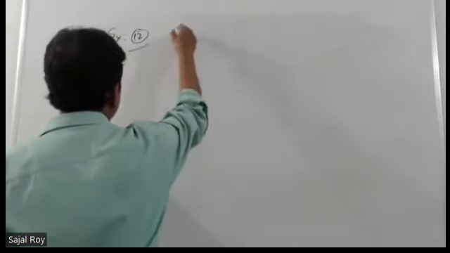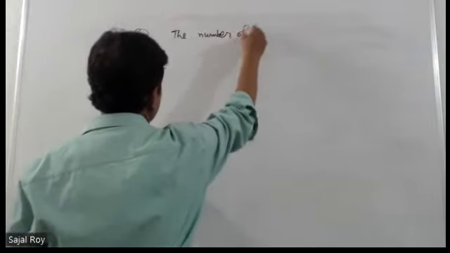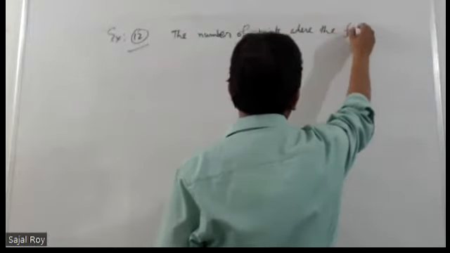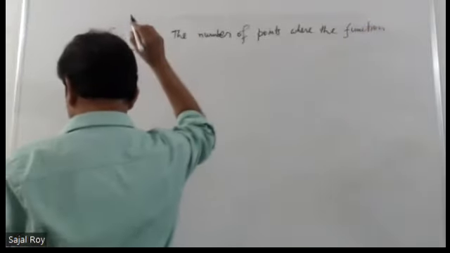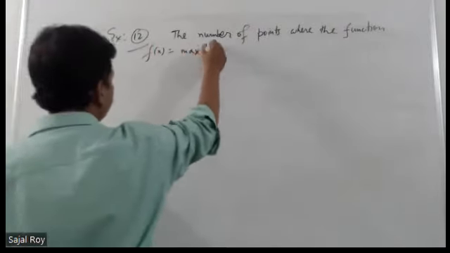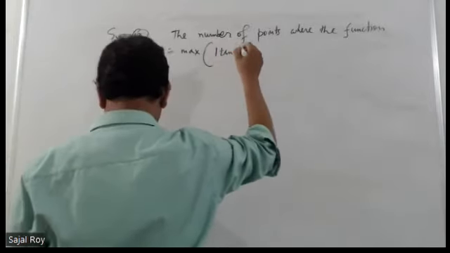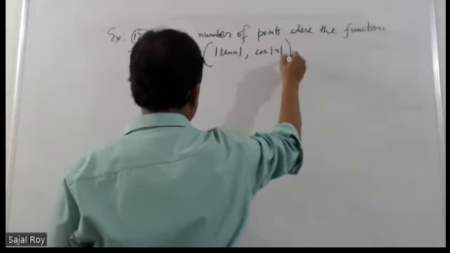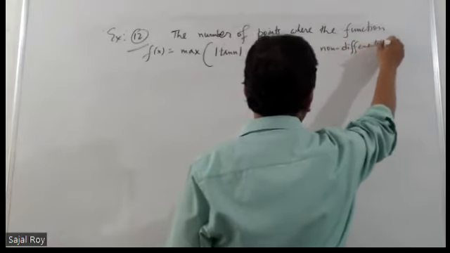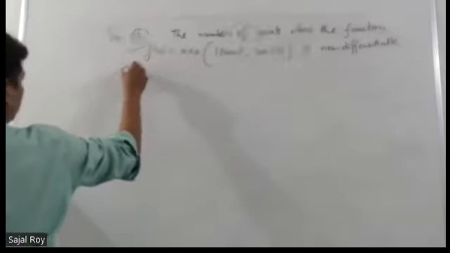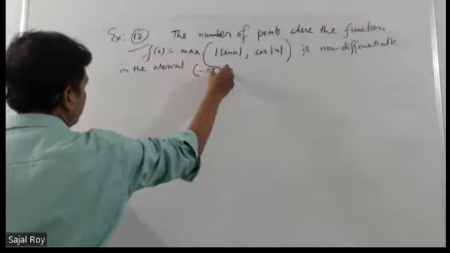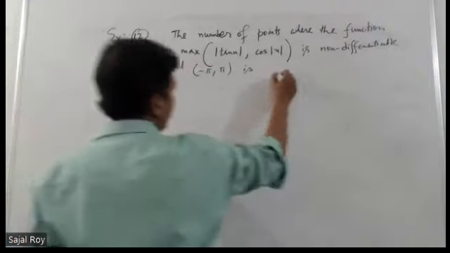The number of points where the function f(x) equal to max of mod 10x and cos mod x is non-differentiable in the interval minus pi and pi is, it is an integer type question.